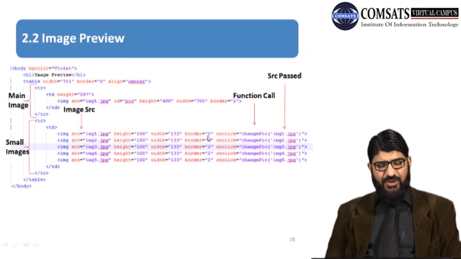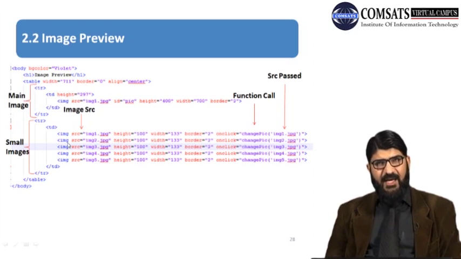The border is mentioned 2, and the on click function is called, which calls changePicture, and changePicture is taking the next image, that is image1.jpg, as a parameter. So basically this is the source that is passed for previewing.